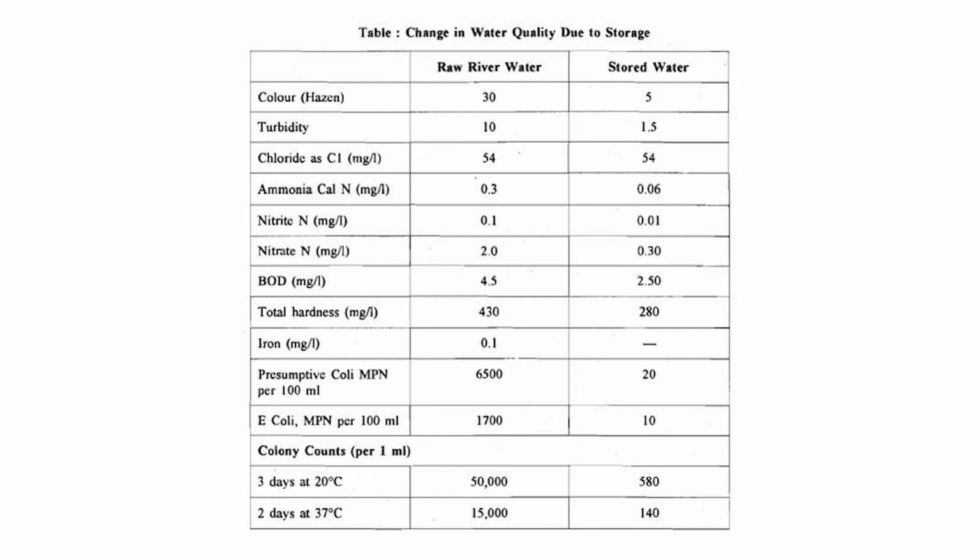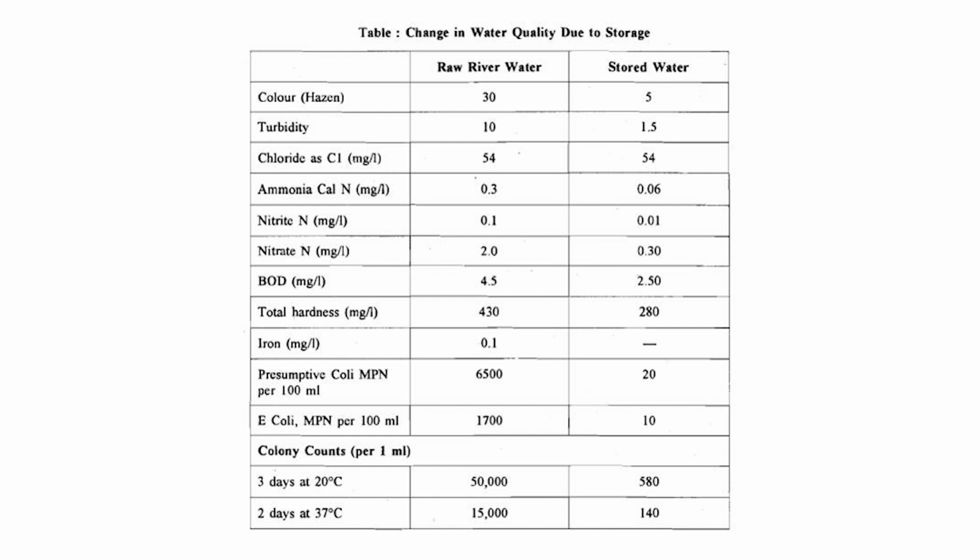Nitrate, if we measure in raw river water, is 2 milligram per liter. If this water is stored, there is a reduction in nitrate, and the value in stored water is 0.3 milligram per liter.